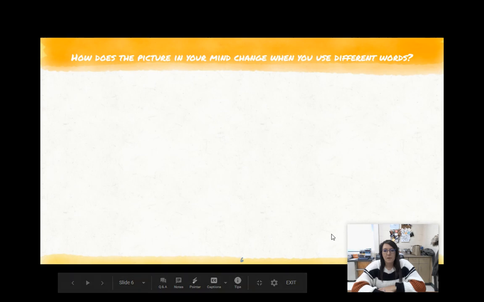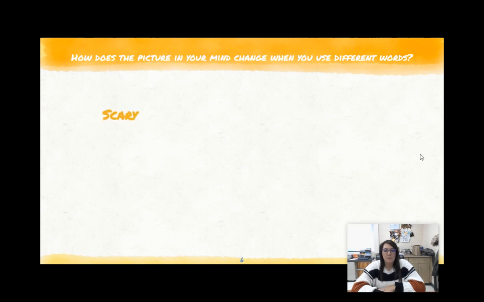Okay, so let's talk about a couple different examples here. How does the picture in your mind change when you use different words? So let's talk about a couple different connotations with this word. Scary: the family sat together in front of an uncontrolled fire.